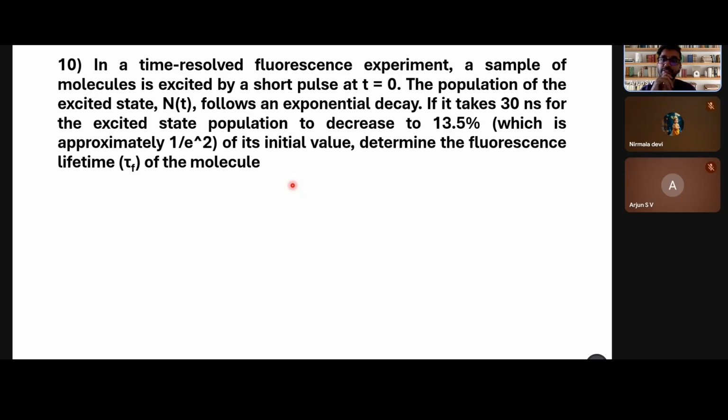The population of the excited state, n of t, follows an exponential decay. If it takes 30 nanoseconds for the excited state population to decrease to 13.5%, which is approximately 1 by e squared of its initial value, determine the fluorescence lifetime of the molecule.